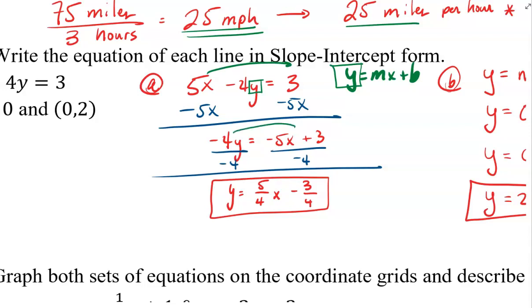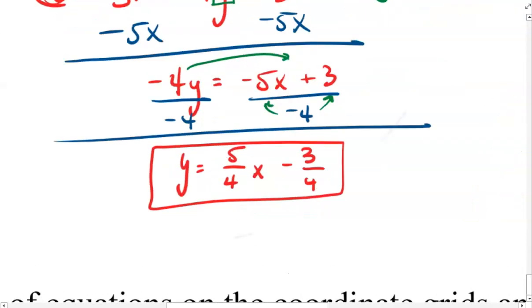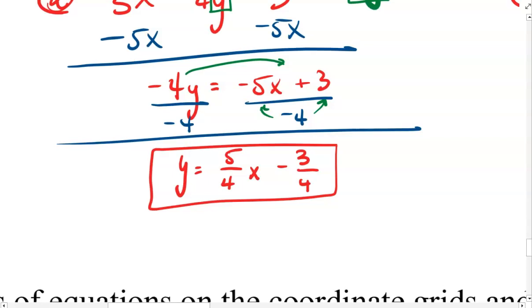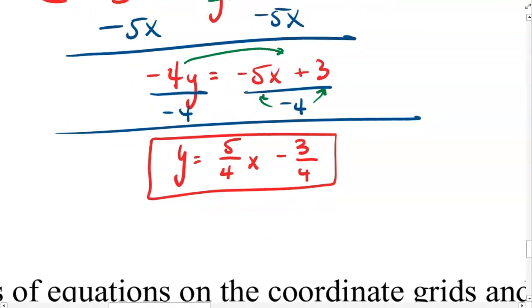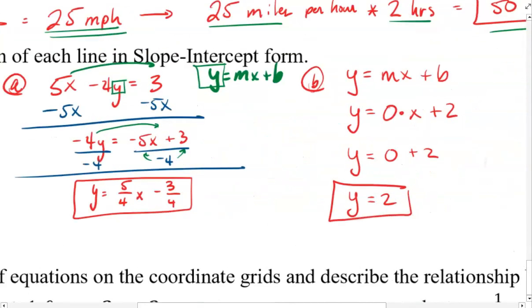Then we can move this -4 to the other side of the equation by dividing both sides by -4. Keep in mind here that this -4 divided both pieces, the 5x and the 3. And that leaves us with -5 divided by -4, which is just going to be reported as 5/4 positive, times x, and positive 3 divided by -4, we'll just call that a -3/4.